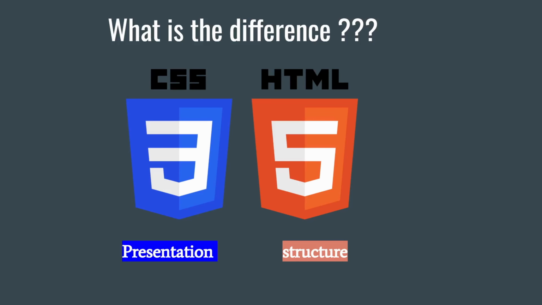When we are developing web documents and web pages, we will find that we need to use another language with HTML called CSS. Why do we want to use CSS with HTML? Or what is the difference between HTML and CSS?